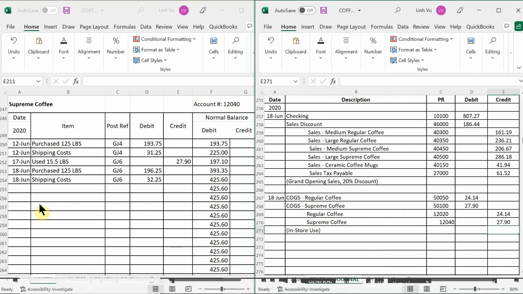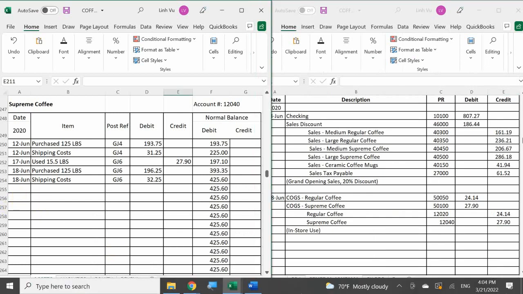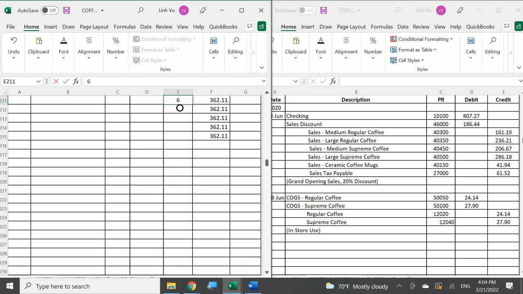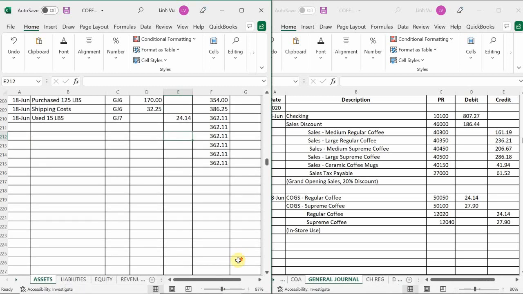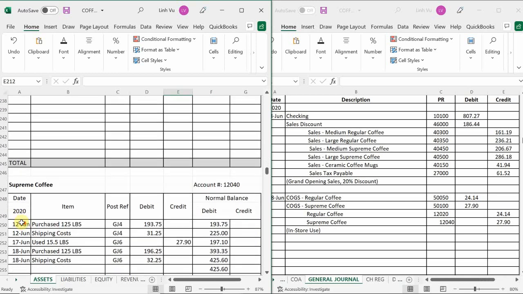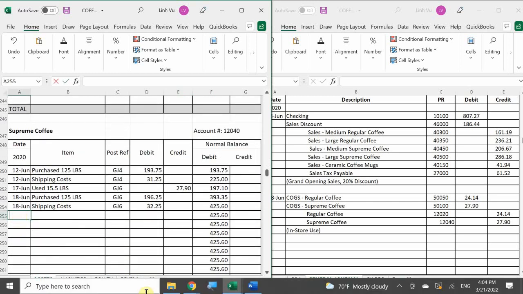For my Supreme coffee, I end up using 15 and a half pounds, which cost me $27.90, which gives me an ending balance of $397.70.